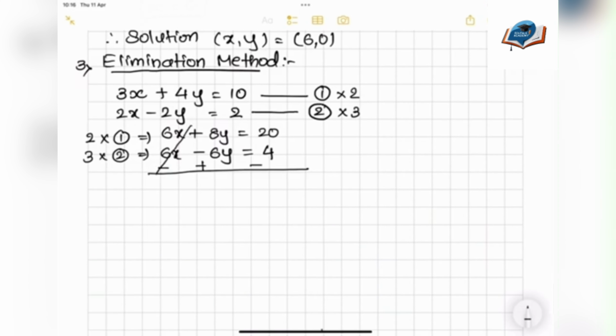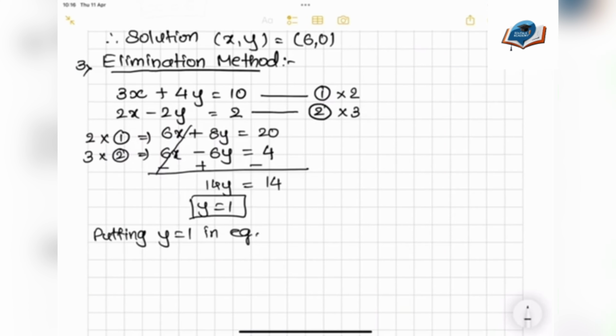So as both are having same sign, I need to change the signs first. So now 6x, 6x got cancelled. So 8 plus 6 is 14y equal to 14. So y equal to 1 I have got. Now y equal to 1 I got, I can put it in any one equation to get the value of x.